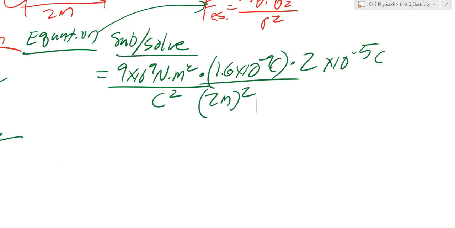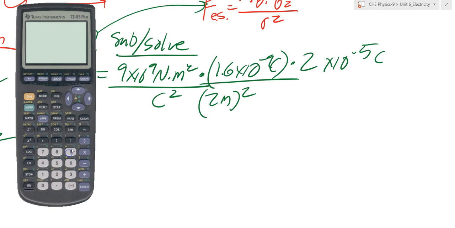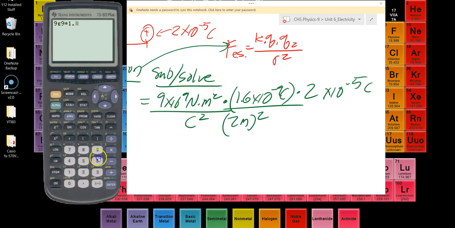Okay? I'm going to type that in my calculator again, see if you can get the same thing. Okay, my calculator's working again. 9e 9 is this first bit right here, times 1.6 e negative 9 times 2 e negative 5.